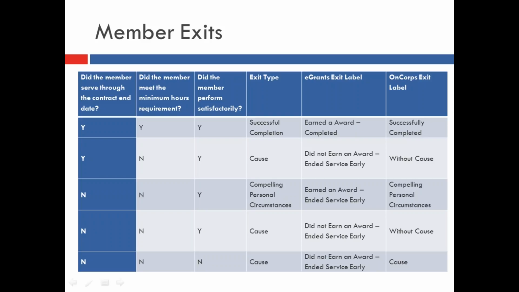And then that is shown at the bottom of the table, that AmeriCorps label, where it shows member did not perform satisfactorily, they ended early, are not eligible for an award, and that is a cause exit. Hope that came through clearly.